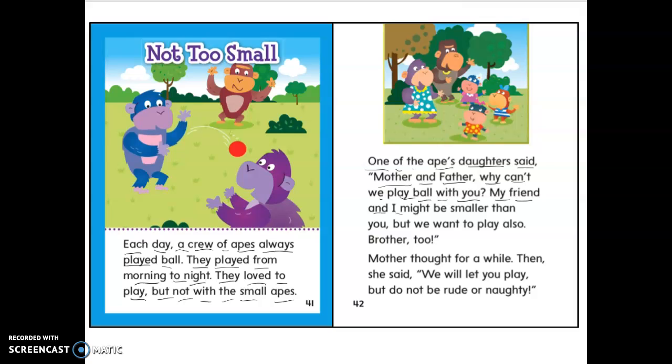My friend and I might be smaller than you, but we want to play also. Brother, too." Mother thought for a while. Then she said, "We will let you play, but do not be rude or naughty."